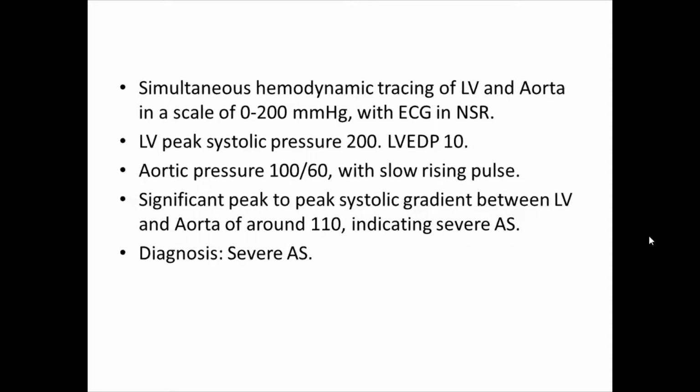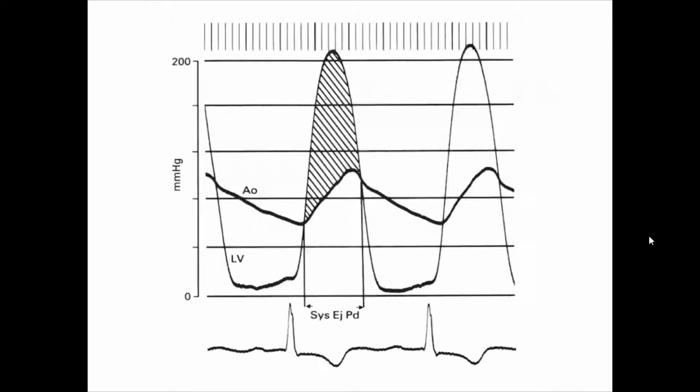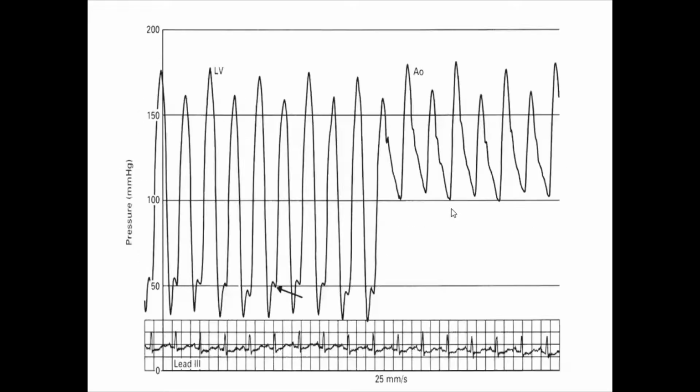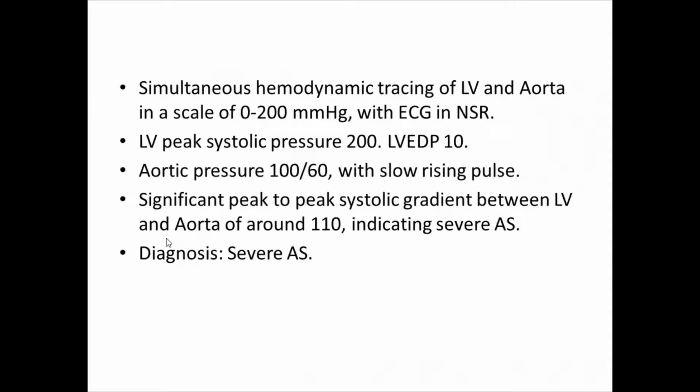Aortic pressure is 100 over 60 with a slow rising pulse. If I look at the ascending limb of the aorta, it is slow rising. There is a significant peak-to-peak systolic gradient between LV and aorta of around 110, indicating severe aortic stenosis. So the diagnosis is severe aortic stenosis.